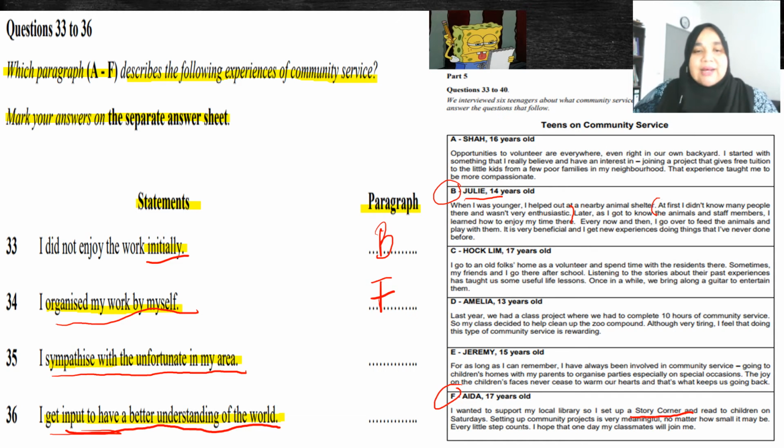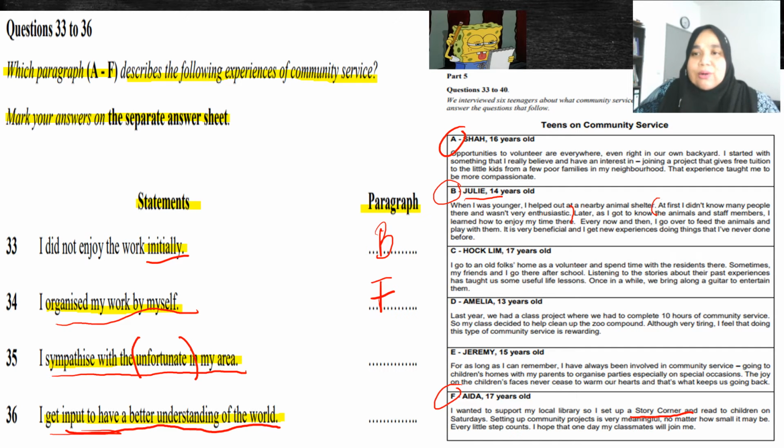Now let's see number 35. I sympathize with the unfortunate in my area. So your focus will be unfortunate. Unfortunate here means those who are unlucky or suffer bad fortune. Go through once again from statement A to F, and I can see something in statement A from Shah.